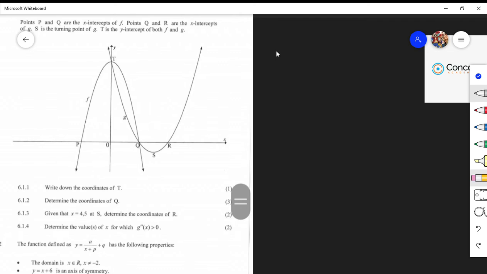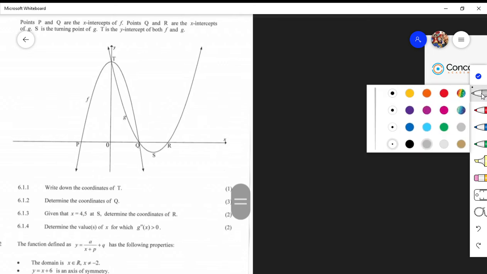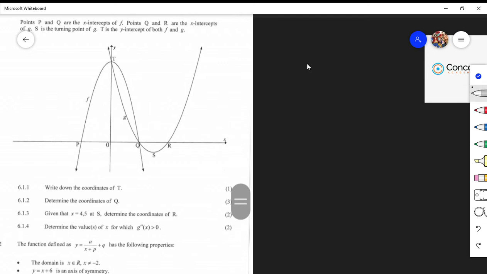Okay, so the last question for 6.1 is 6.1.4. Question 6.1.4 says determine the value or values of x for which the second derivative of g of x is greater than 0.